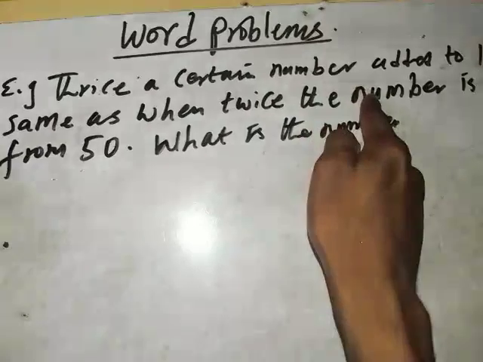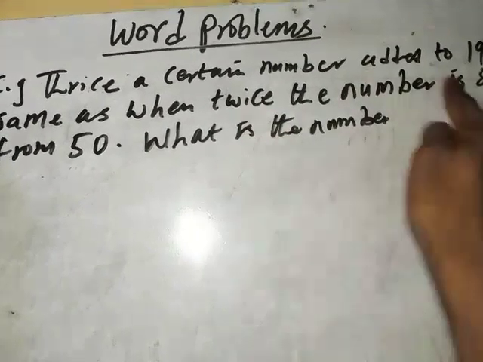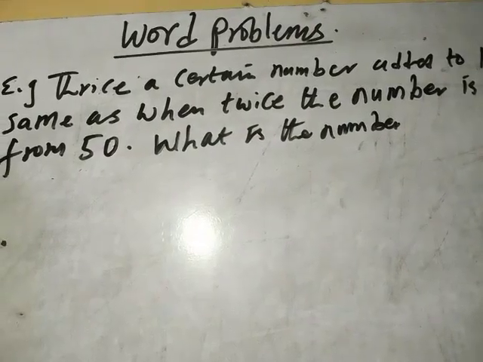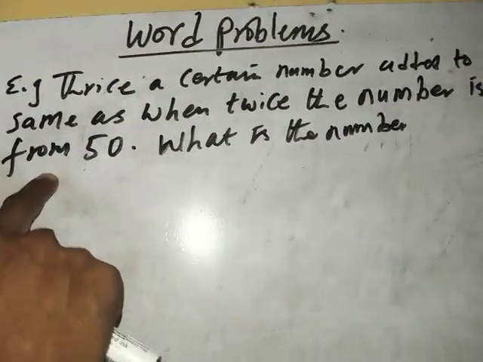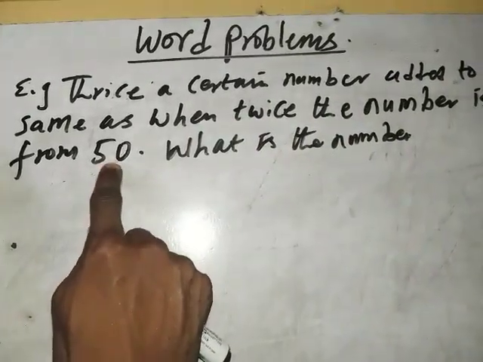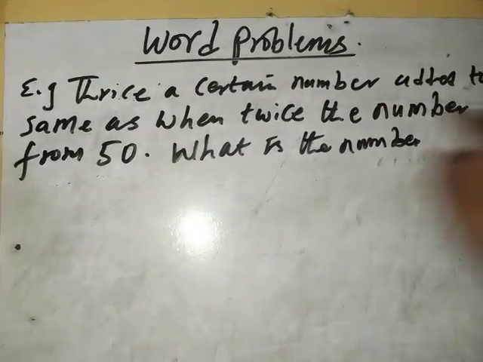When twice the number, 2 times a number, is subtracted from 50. Now, since we are subtracting from 50, it's not going to be 2x minus 50. It's going to be 50 minus 2x because we are subtracting from 50.